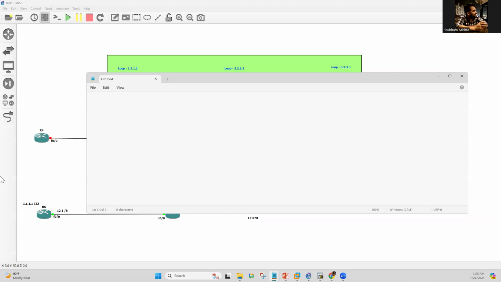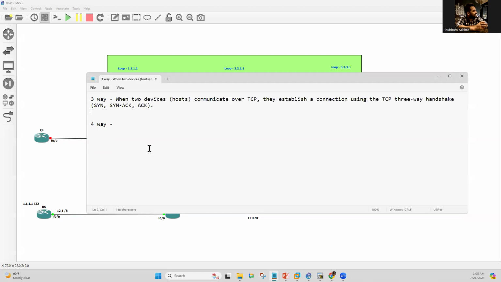So please remember, there are two, three-way as well as four-way. What do you mean by three-way? When two devices communicate over TCP, they establish a connection using a three-way handshake, that is SYN, SYN-ACK and acknowledgement. Yes or no?